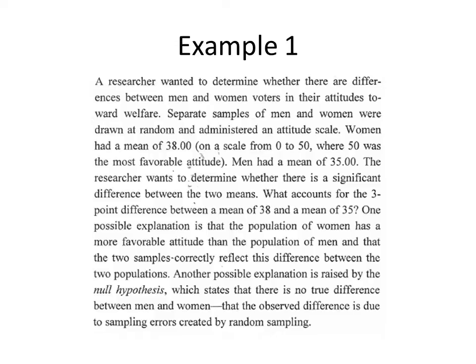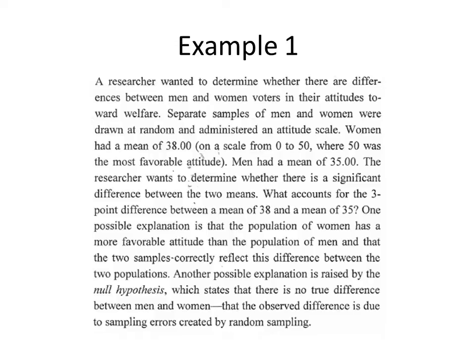As we just said, one possible explanation is that the population of women have a more favorable attitude than the population of men, and that the two samples correctly reflect the difference between the two populations. Another possible explanation is raised by the null hypothesis.